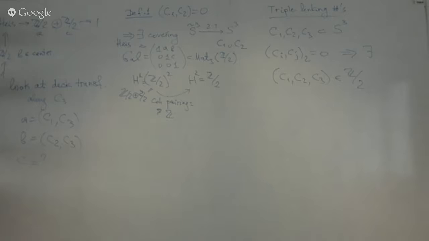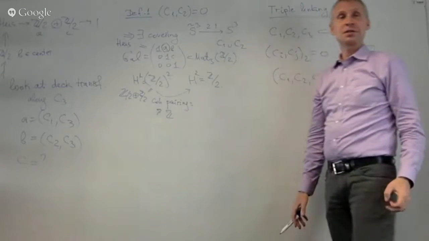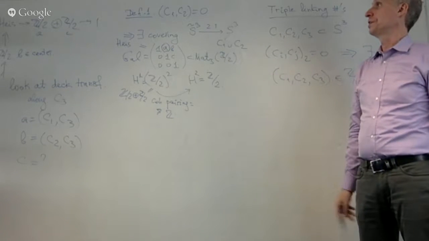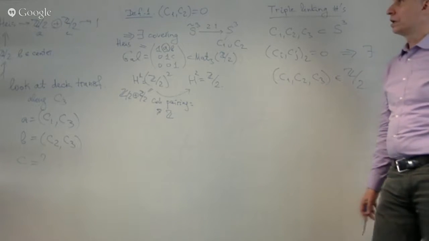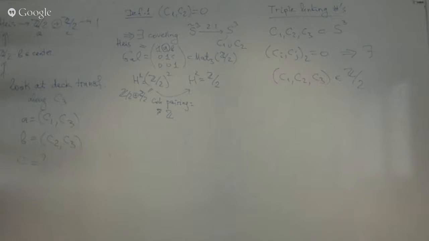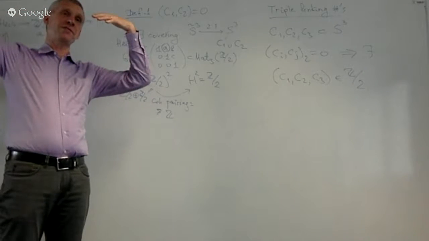You have C1, C2, C3 as a basis in which you express this, because there is a projection here. The induced covering would be a simply ramified two-fold covering along C1, and then a double covering ramified along C2.